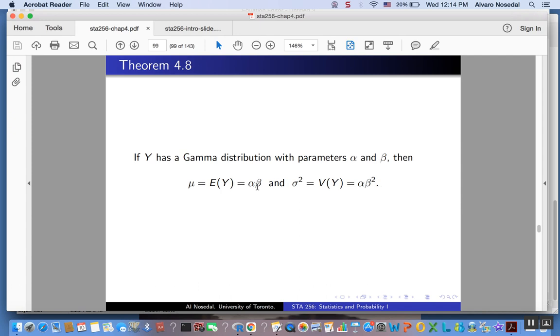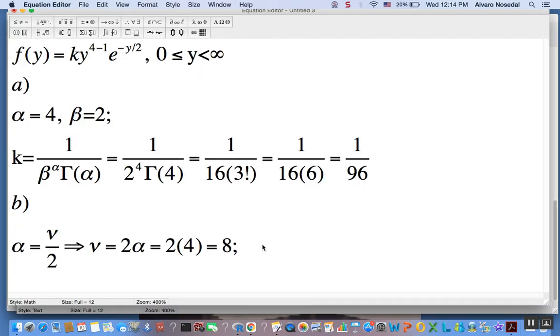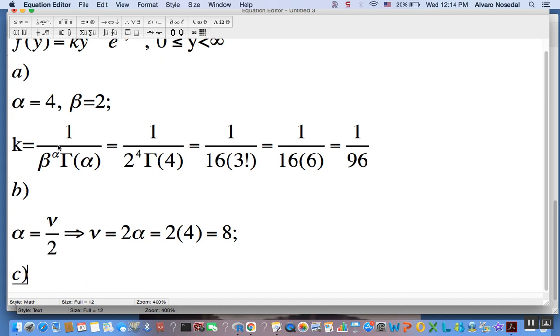So for part C, the expected value is alpha times beta, so it would be 2 times 4, 8, done. Note that the expected value of a chi-square distribution coincides with the degrees of freedom.